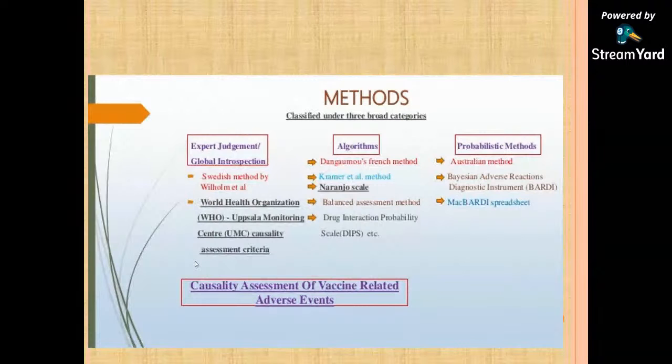In the algorithm, the commonly used scale is the Naranjo scale. The third method is the probabilistic method, which is given by Australia.